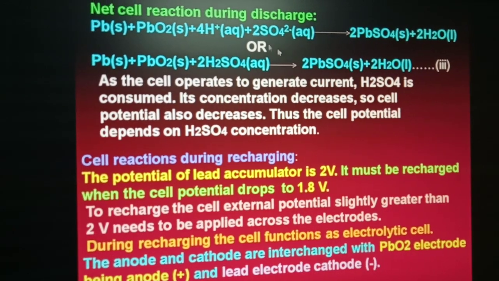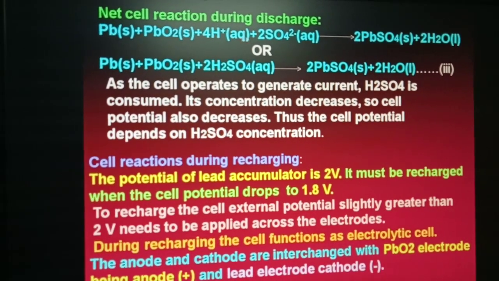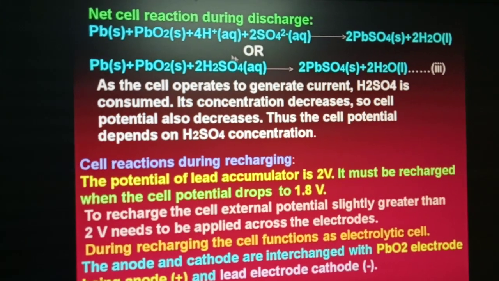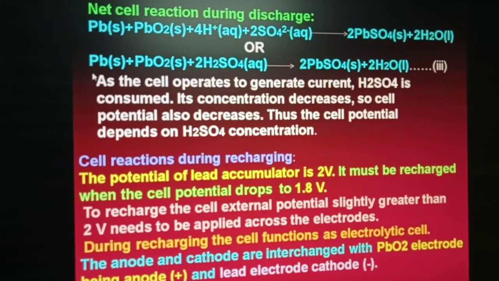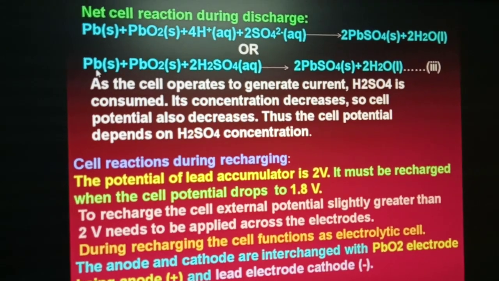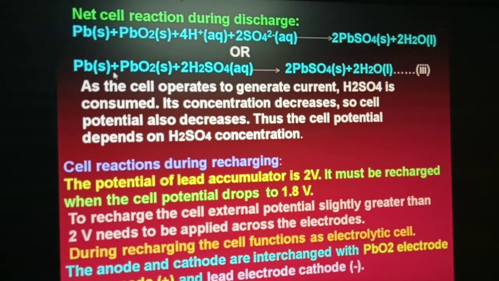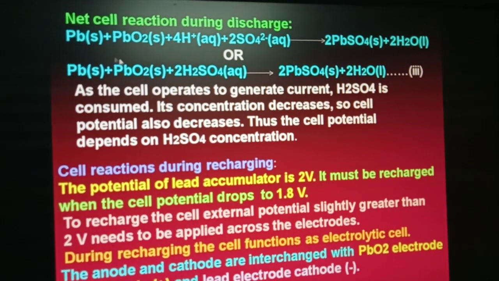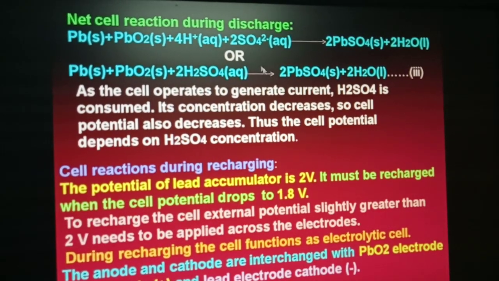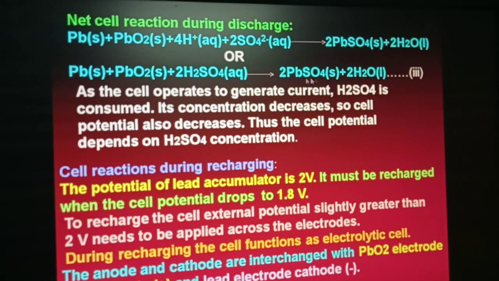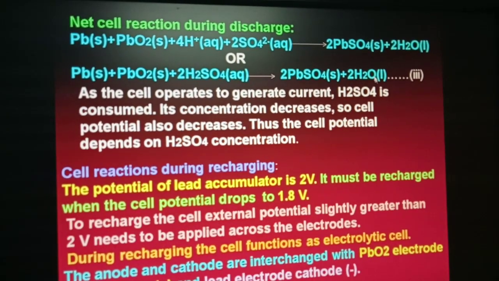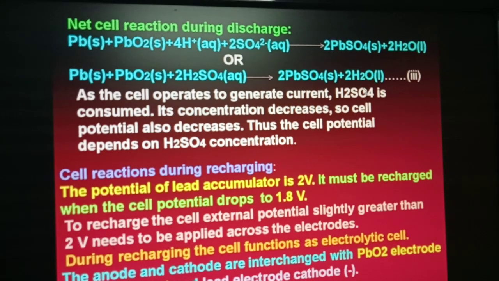Or you can combine the 4H+ and 2 SO4 2- and write it as 2 H2SO4 aqueous. So another way to represent the cell reaction is Pb solid plus PbO2 solid plus 2 H2SO4 aqueous gives 2 PbSO4 solid plus 2 H2O liquid.